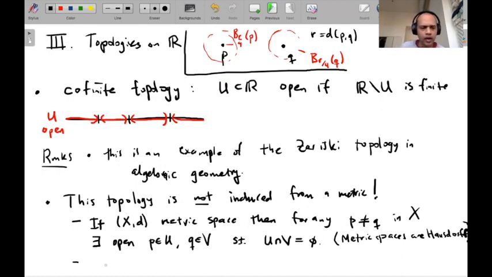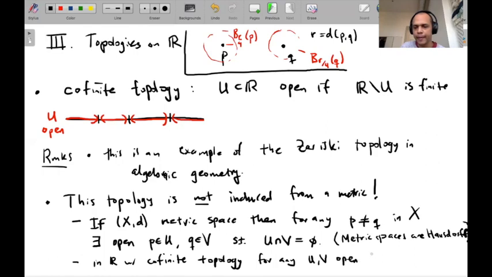This is a property of metric spaces, so if you want to show a space is not a metric space, it's enough to show that it doesn't have this Hausdorff property. In R with the cofinite topology, for any open sets U and V, the intersection is non-empty.